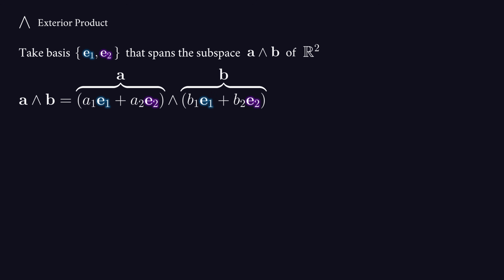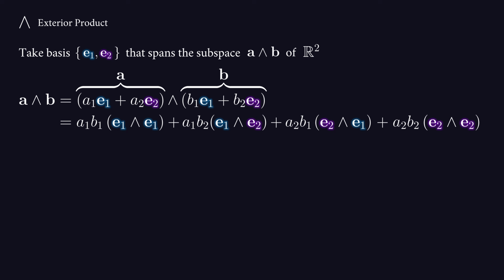So we just write A as a linear combination as we're used to, so we have two coefficients A1 and A2 and multiply them with those basis vectors. Same for B. Now if we expand this and take our properties that we've seen before, in this case distributivity, then what we get is this expression.